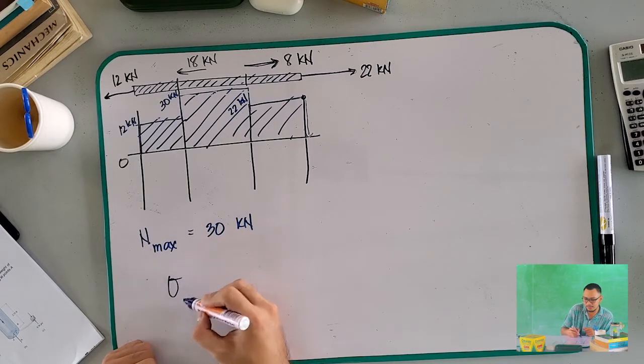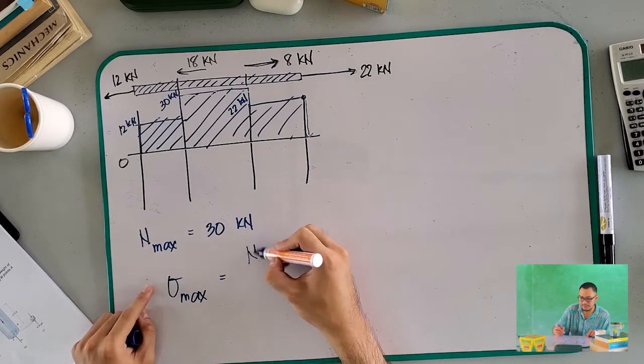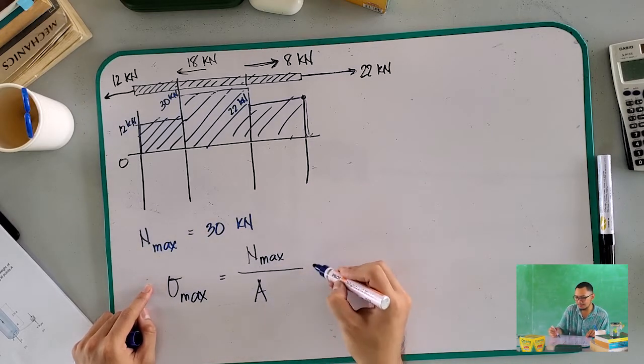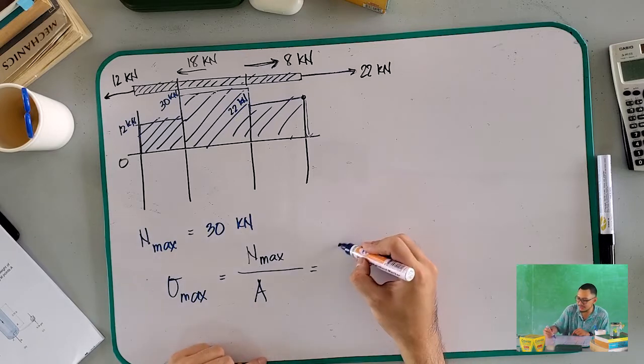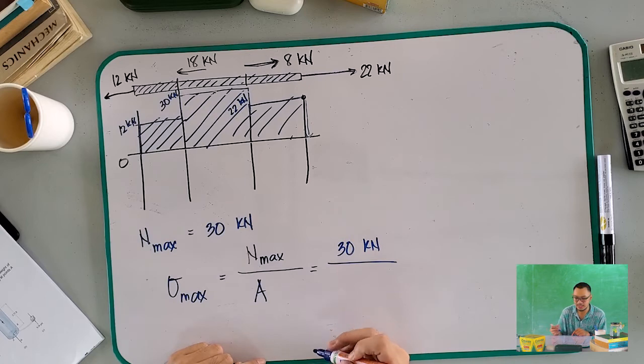And how can you get the maximum normal stress? Using this maximum internal normal force, all you have to do is to input Nmax over the cross-sectional area. Ang atong maximum normal force, 30 kilonewtons divided by your cross-sectional area.